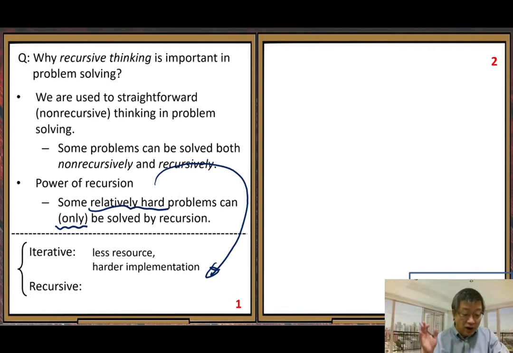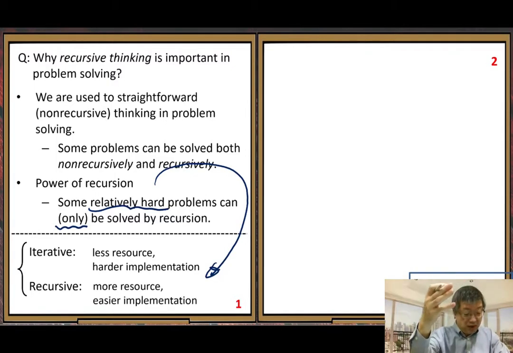So for relatively hard problems, harder implementation. Then the recursive method: more resource, but easier implementation for those relatively hard problems.